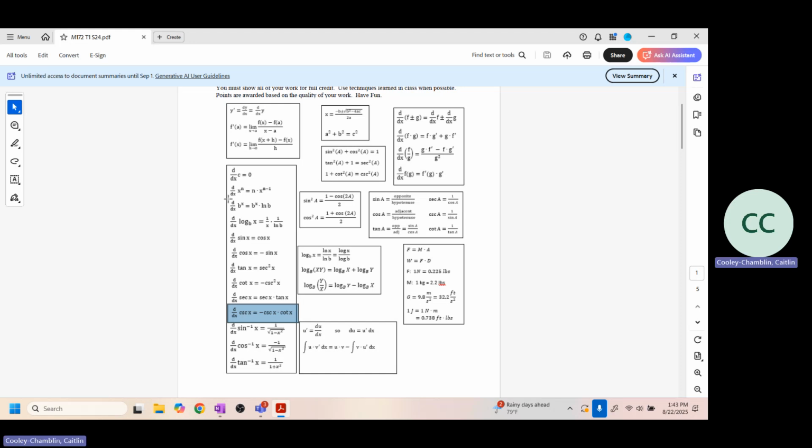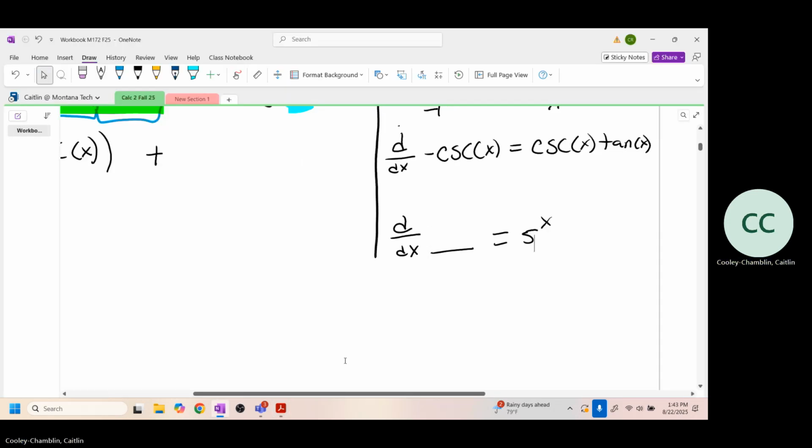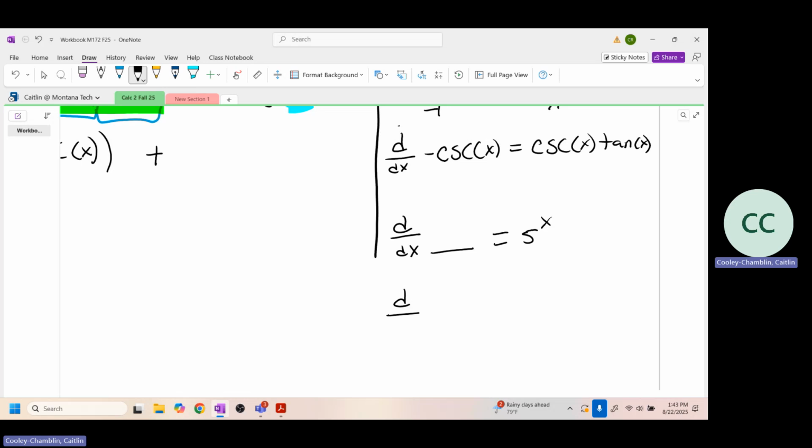Something that's really, really close is this one right here, where the derivative of a base to an x is that base to an x ln of b. And I'm going to write that down. So the derivative with respect to x of 5 to the x is 5 to the x ln of 5.